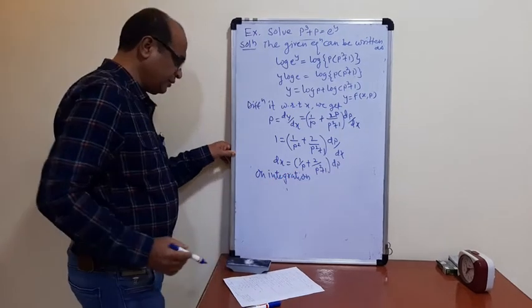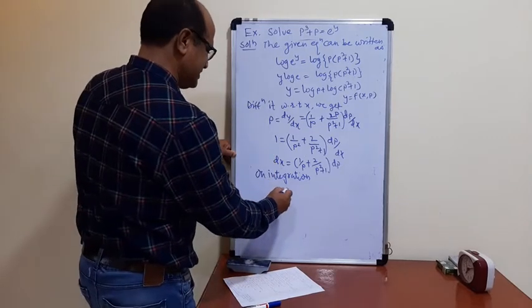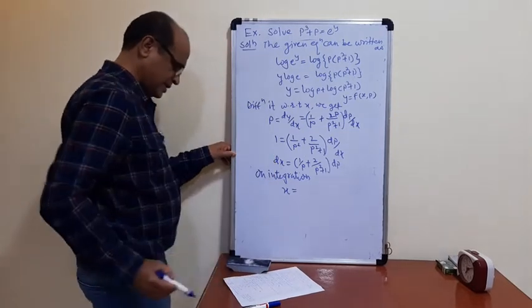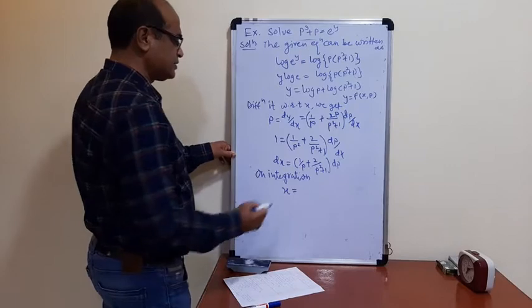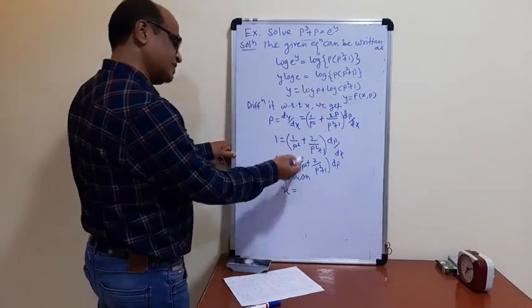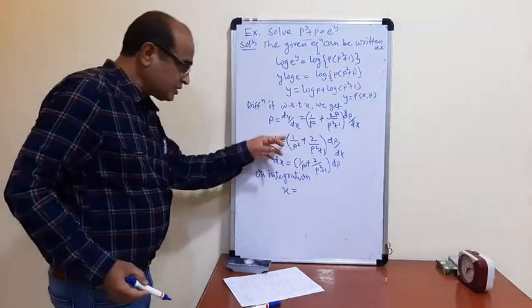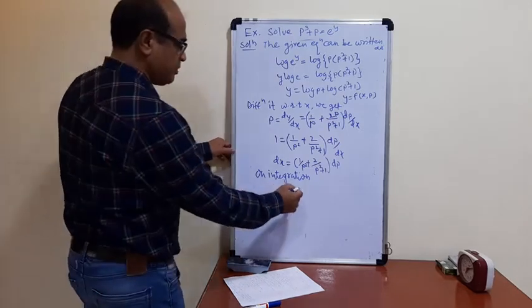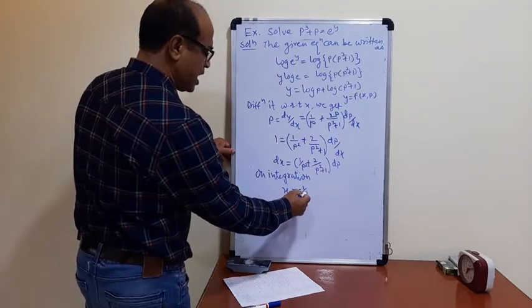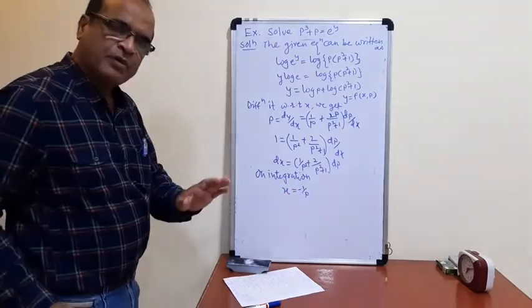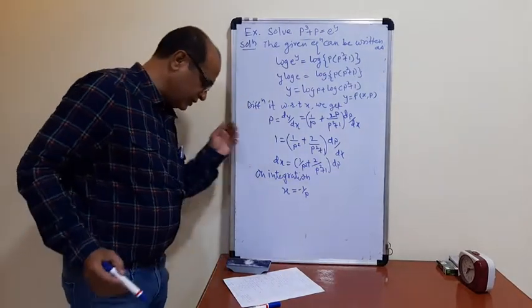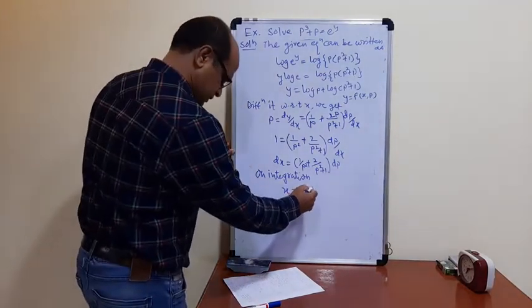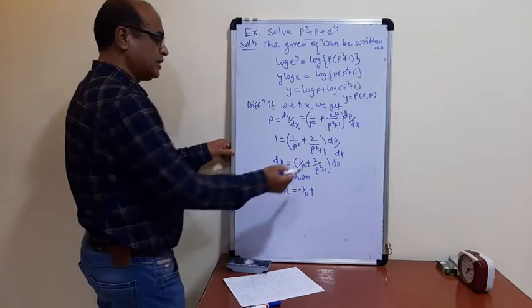So on integration we get, what is the integration of this? This is x is equal to 1 upon p square. What is the integration of 1 upon p square? It is minus 1 upon p, because the derivative of minus 1 upon p is 1 upon p square. Plus, what is the integration of the other term?